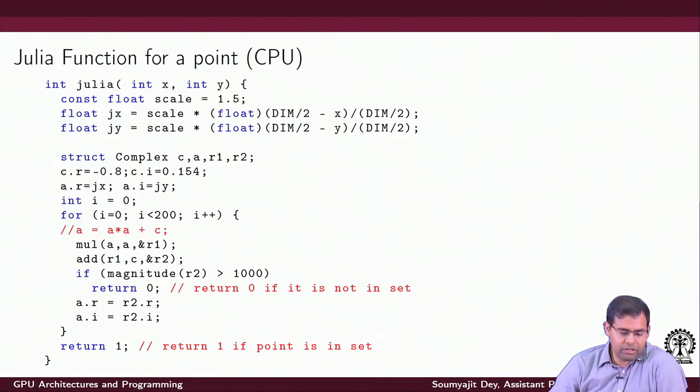Since a is of type complex, we carry out the multiply function: you multiply a and a, write the result in R1, then take the content of R1 and add it to C, returning it in R2. Then you check whether the magnitude is greater than some specific given value. If it is, you return and say the item is not in the set; otherwise you say that indeed the item is a member of the set.